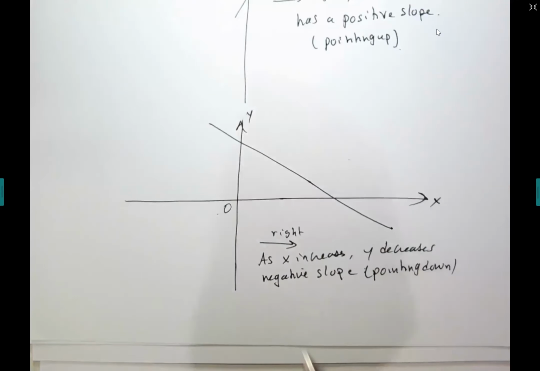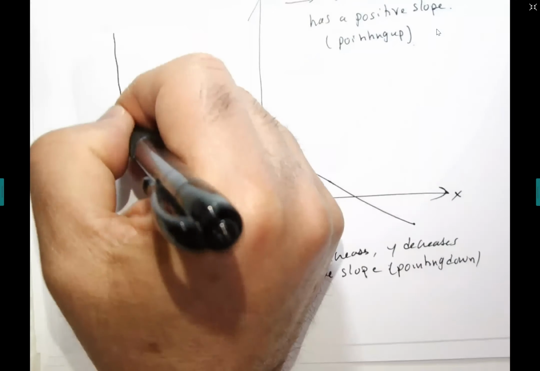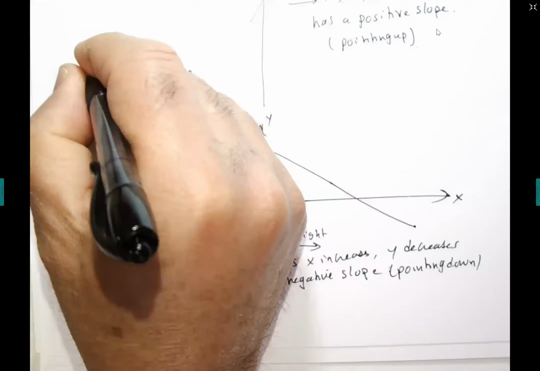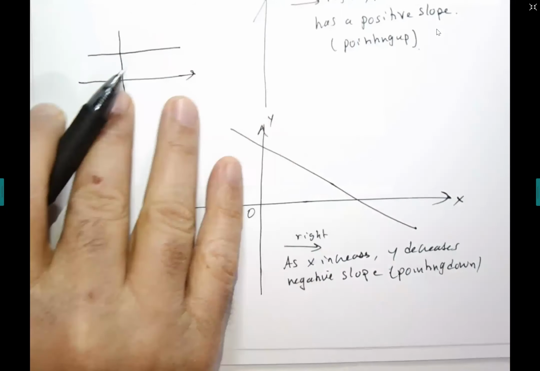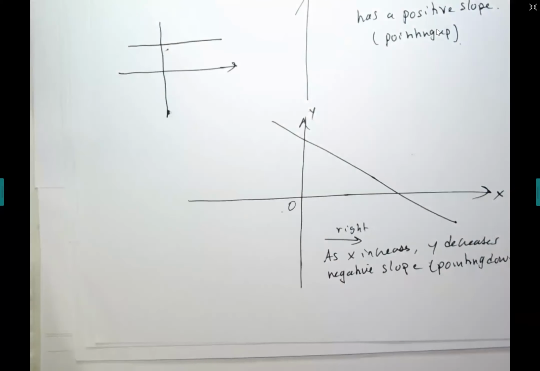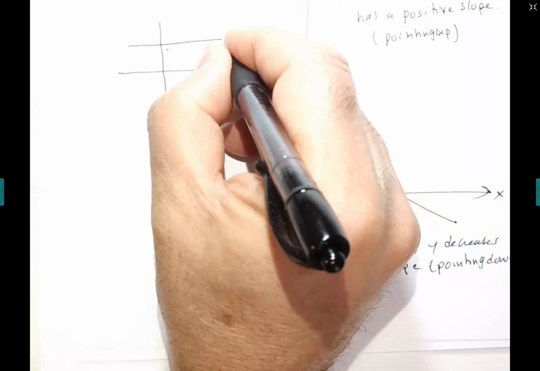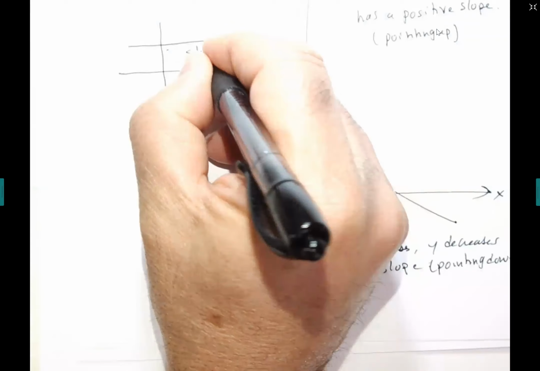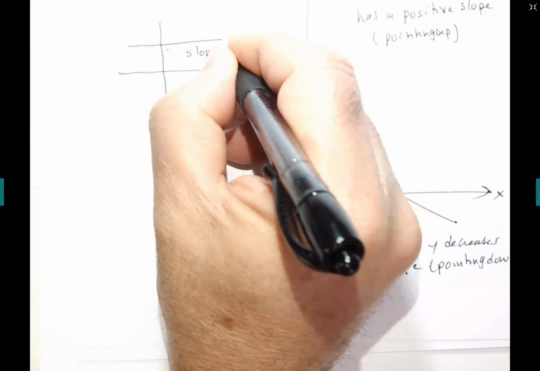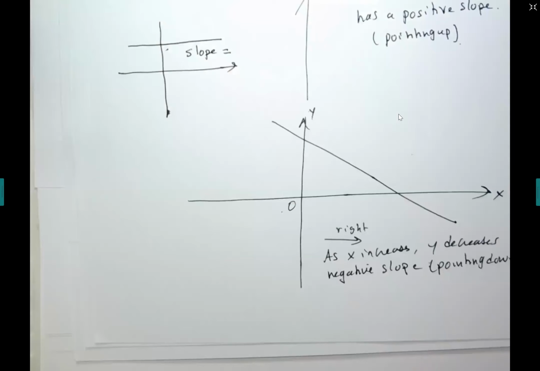Now, let me show you another example of a third line, guys. And you're gonna see what kind of line I'm gonna draw here. This line right here. Do you think it's safe to go on a roof that has this slope? Actually, the slope here, can someone guess what the value of the slope is? There is no steepness at all here. The slope is the steepness of the line.